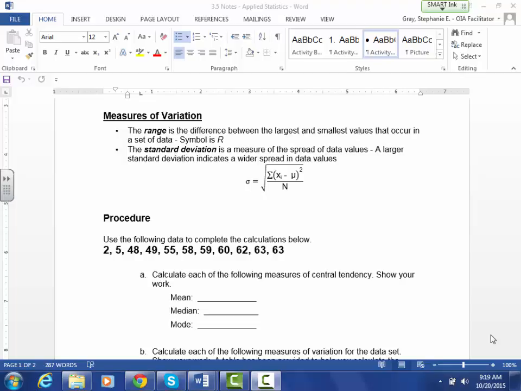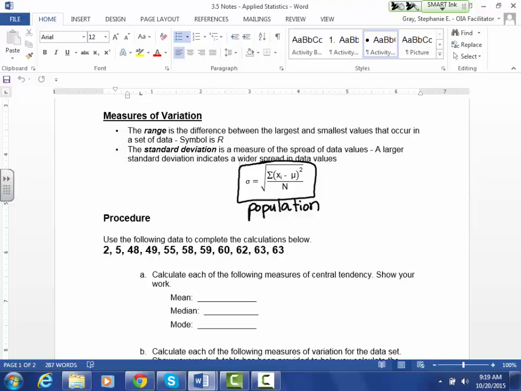So the first thing that we need to add to standard deviation is that the standard deviation formula that I gave you yesterday is for the population. And we're going to talk about what that means in a second. But that standard deviation formula is for a population. Okay, I'd put that on there. There is a different formula.